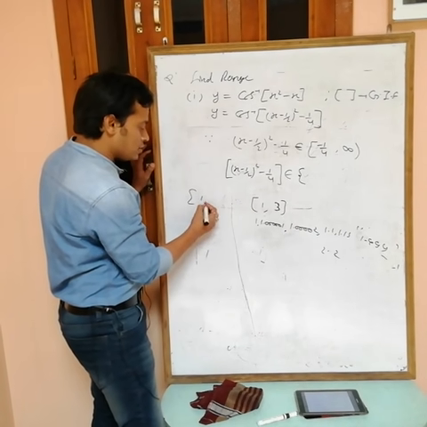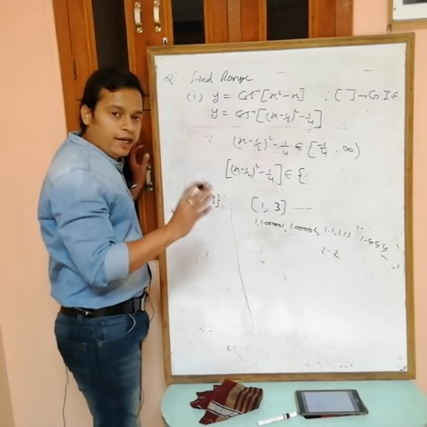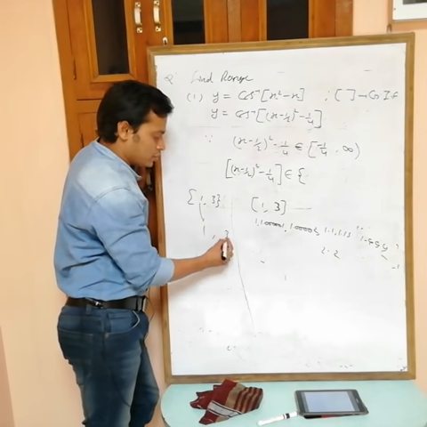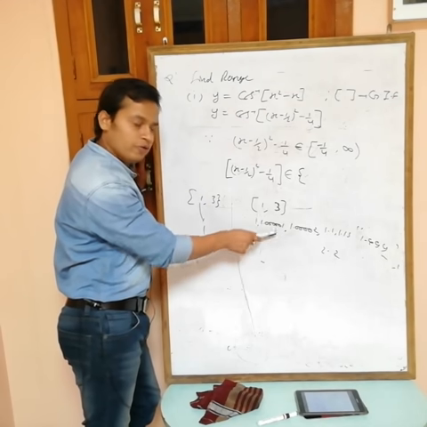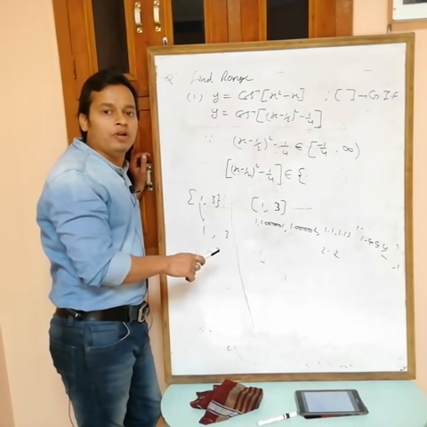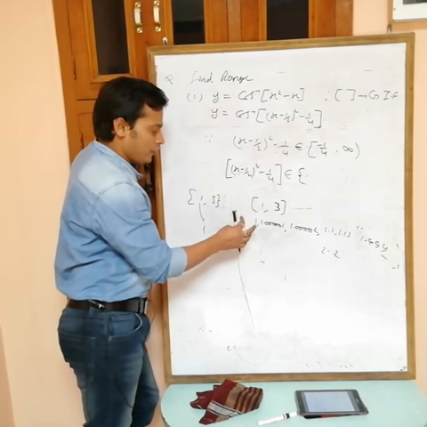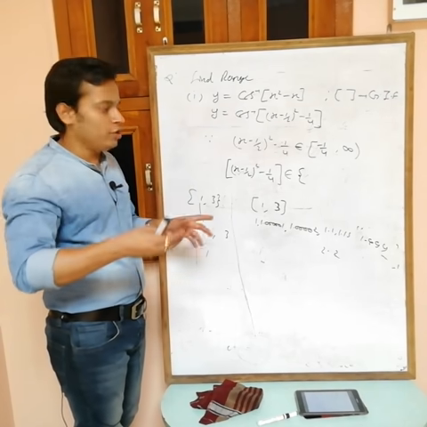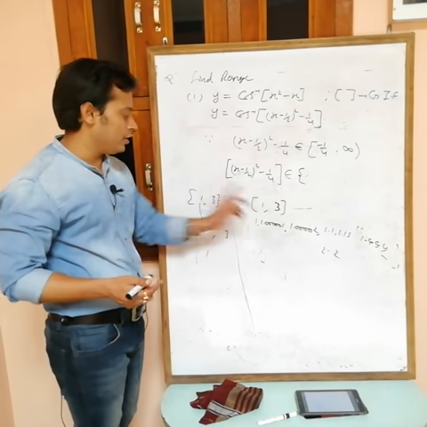But if you are writing in set form 1, 3, it means there are only two values, first one is 1 and the other is 3. So if you have countable values, then you can write in set form, you can't write in interval form.